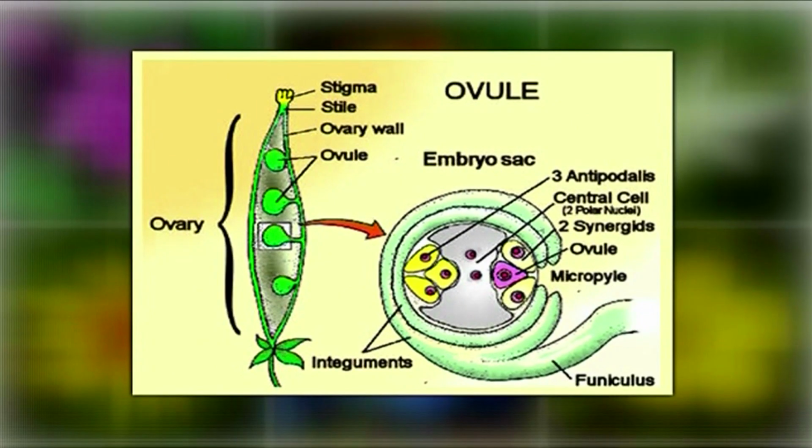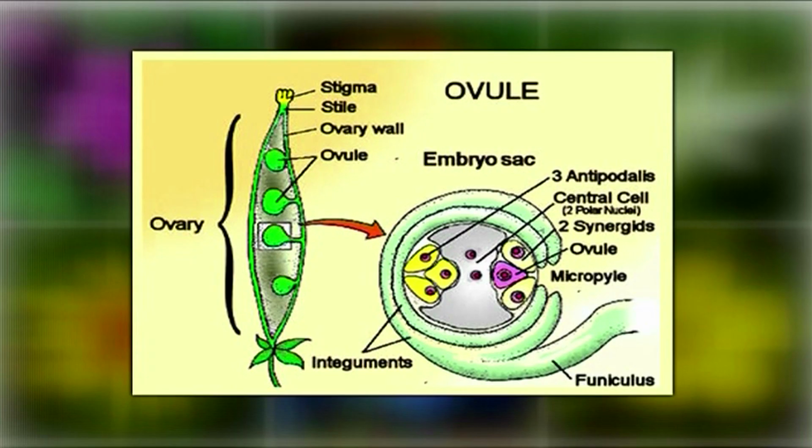Before fertilization, the ovule consists of 1 or 2 layers of integuments surrounding the remains of the megasporangium called the nucellus, and an embryo sac with a small number of cells and nuclei, including one egg cell and 2 polar nuclei, which together with a sperm cell form the primary endosperm nucleus.